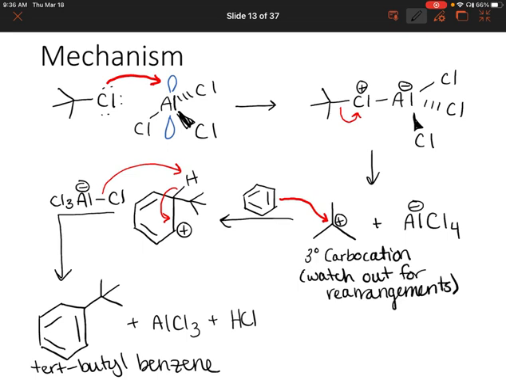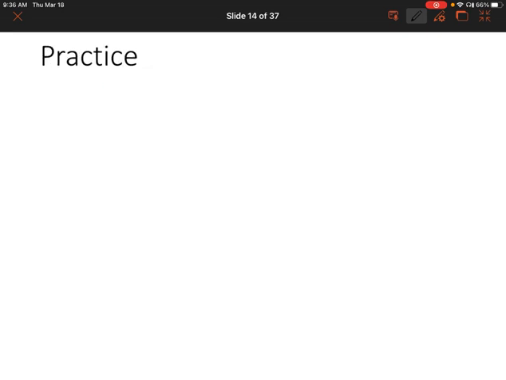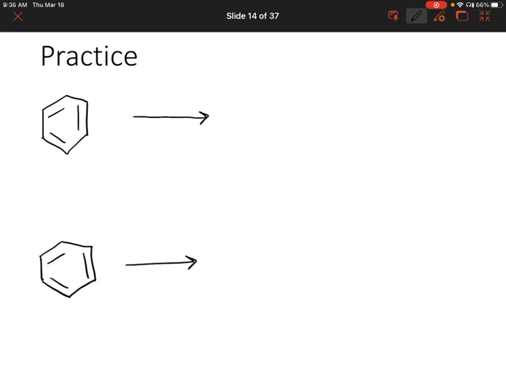All right, so let's do some practice problems. So I'm going to draw a benzene ring and give you some reagents for two different problems. And then I want you to try to figure out what the product or products might be. So in the first problem, we have a 3-carbon chain in our alkyl halide.